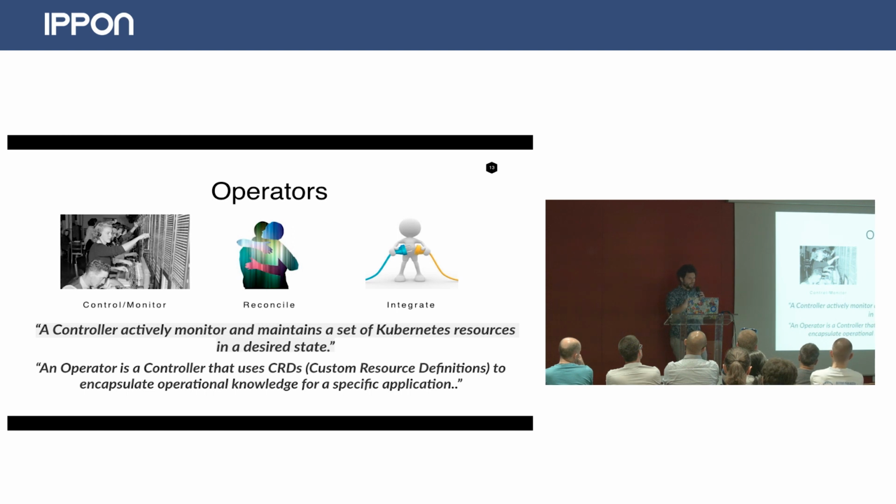So when you start thinking about these things and looking at what other projects are doing, you will arrive at the concept of an operator. To understand what an operator is, we need to know what a controller is in the world of Kubernetes. A controller is something that is actively monitoring and maintaining a set of Kubernetes resources in the desired state.